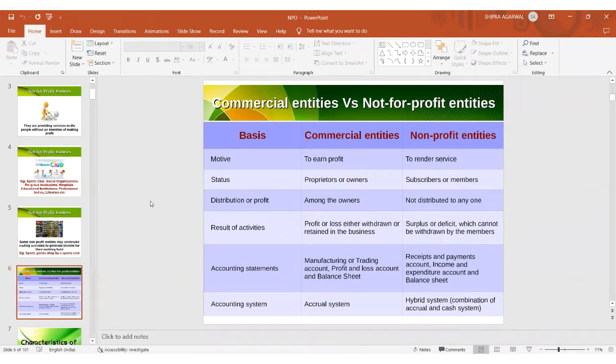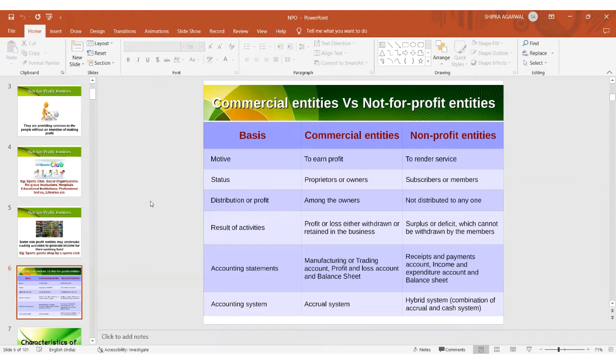So in that case, we prepare a different set of accounts that is known as receipts and payments account, which is similar to your cash book. And at the same time, we prepare the income and expenditure account. So you can say the P&L account is replaced by the income and expenditure account in case of NPOs. And yes, a balance sheet is certainly prepared even in case of NPOs, because every organization would like to know their financial position, like what they are up to, or how strong they are with respect to their financial standing.